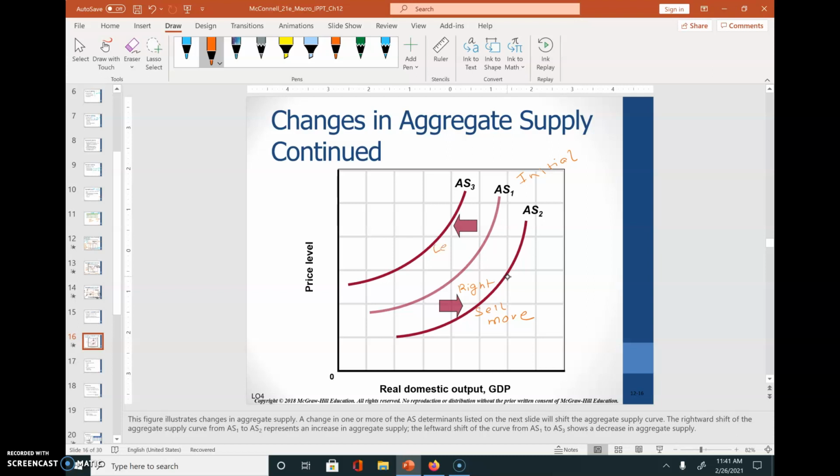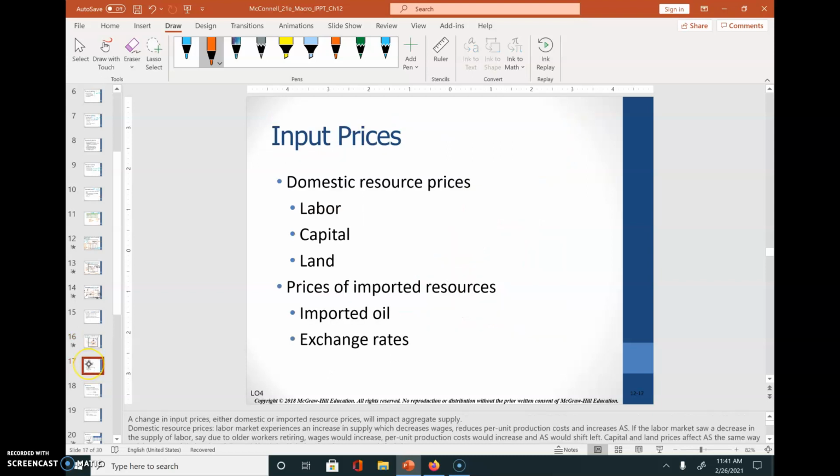If it shifts to the left, this means the sellers are selling less. What are the reasons that the aggregate supply curve will shift to the right or to the left? One of the most important reasons is input prices. We can look at domestic inputs, the price of imported resources, and also the exchange rates.